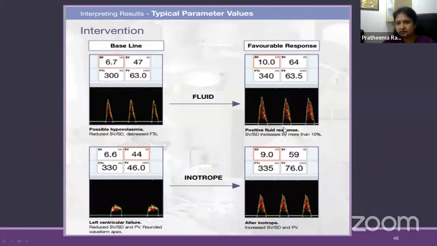We give fluid and there is a positive fluid response. But in this one, the flow is not very good. The stroke volume is very, very low and it's blunted. When we start inotrope, we can see that the blunting effect is gone and the flow is improved. This is how we see images on the monitor.